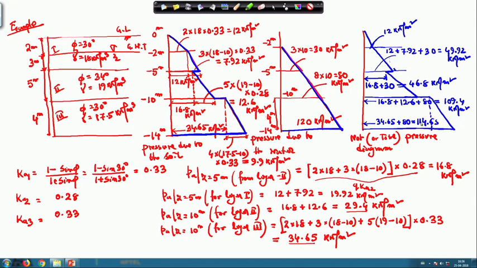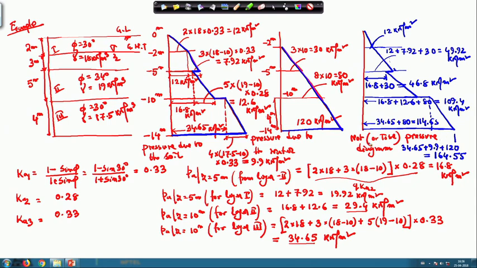Okay. And then the final portion, up to this value, is 34.65 plus 9.9 plus 120. So, this is ultimately 164.55 kilonewton per meter square. Okay.